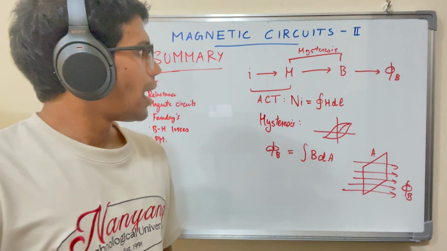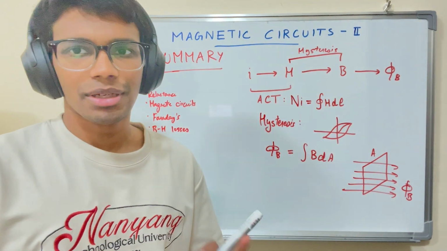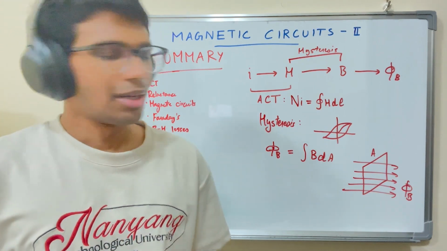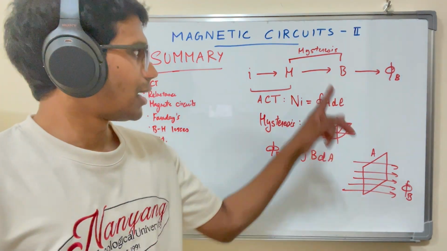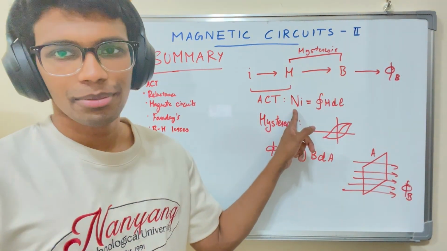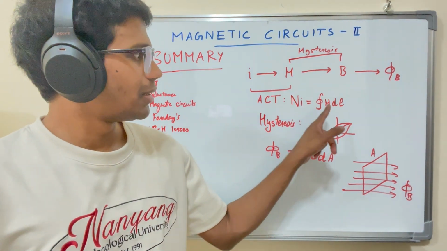And this H magnetizes or induces a flux density in the medium that it is surrounded by, and that is the B, that's the flux density.